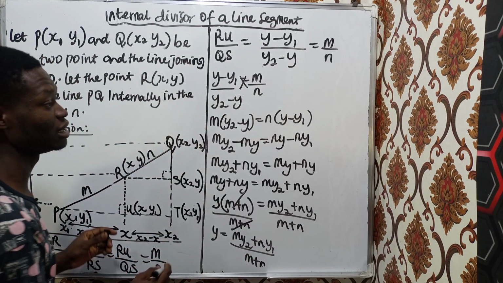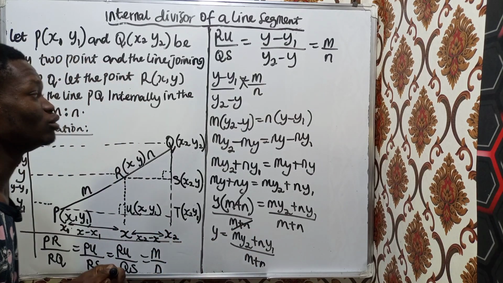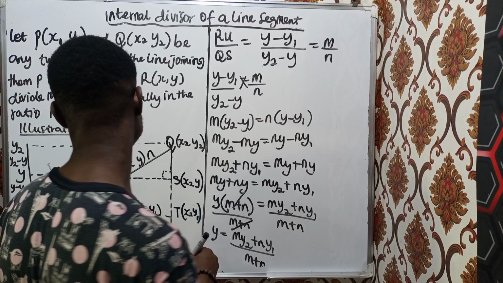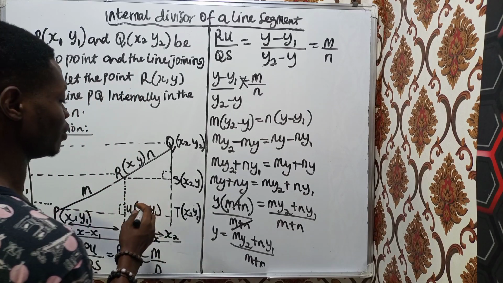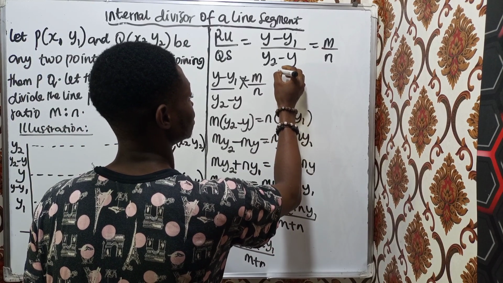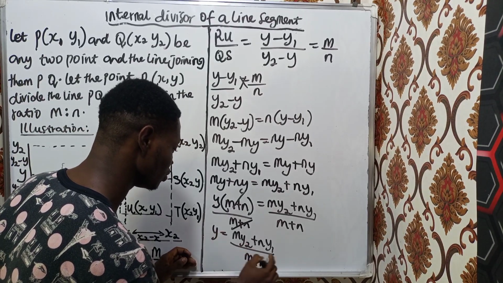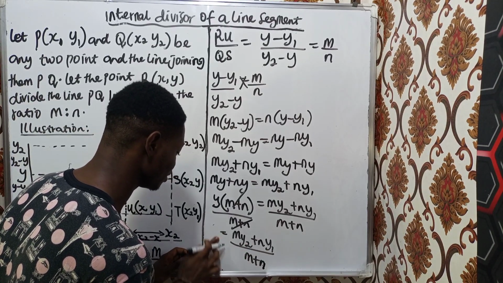So I can now say that the internal divisor, the value of x and y, let me clean this since we have known this one is for y. You know that x comes first before y.